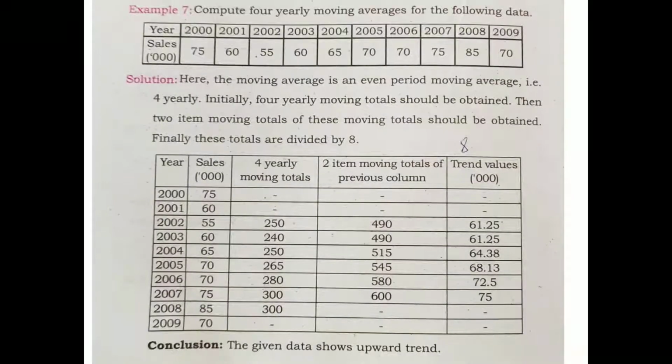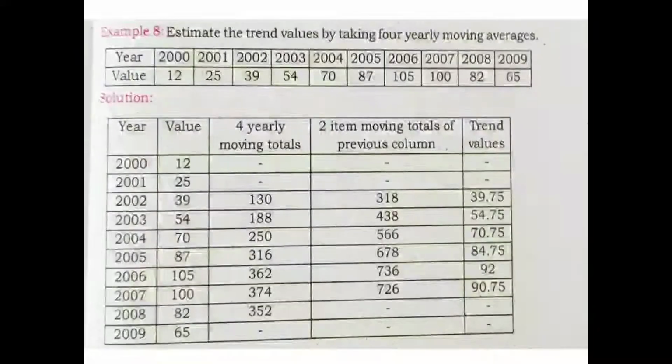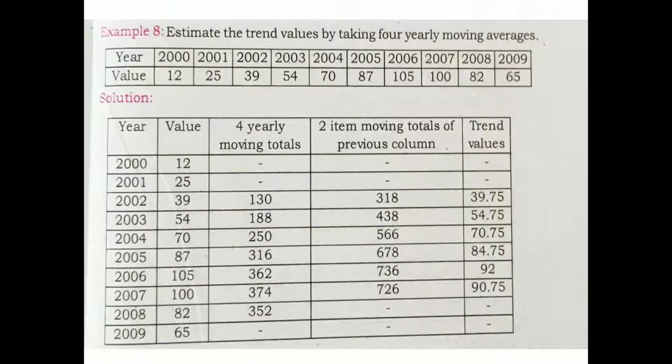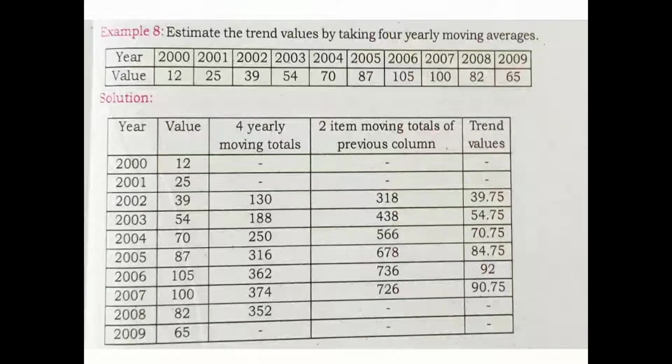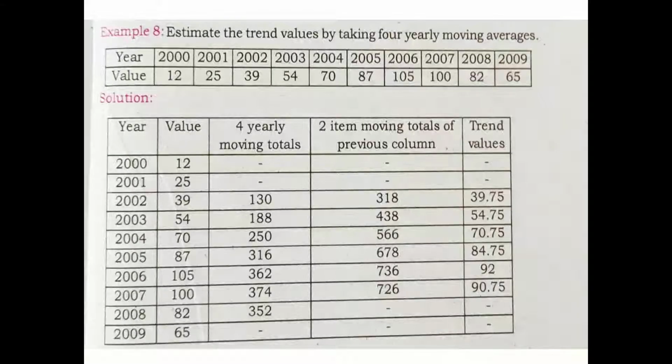The conclusion you can see is that the given data shows an upward trend. Next, example 8. Estimate the trend values by taking 4 yearly moving averages. In the same way, apply the previous method and solve. Thank you.